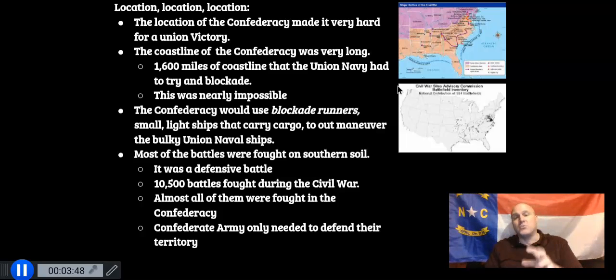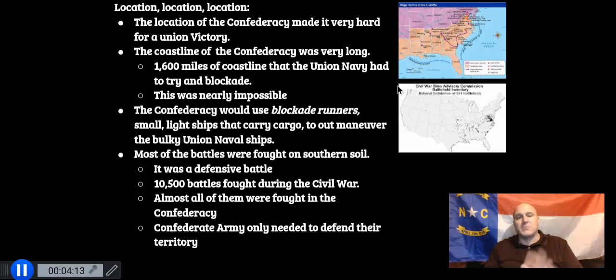The coastline of the Confederacy was about 1,600 miles, and try to blockade that with only 600 ships. Nearly impossible. The Confederacy would use these blockade runners, these smaller, lightweight ships that would be able to outmaneuver these bulky naval ships from the Union, and they were able to move supplies around.